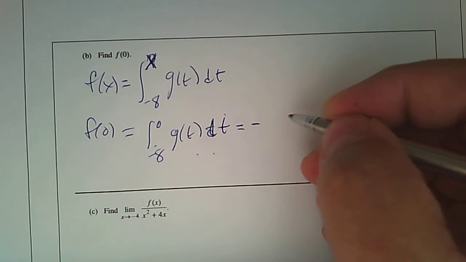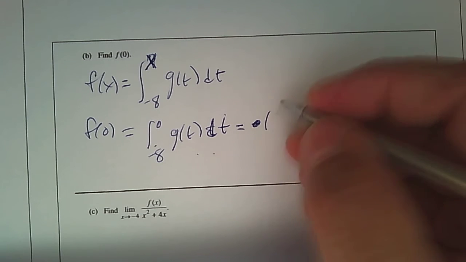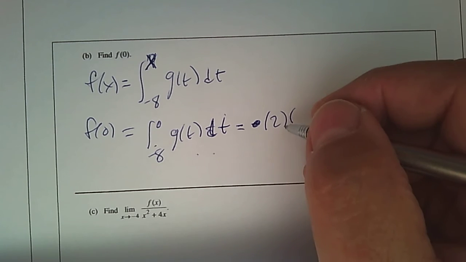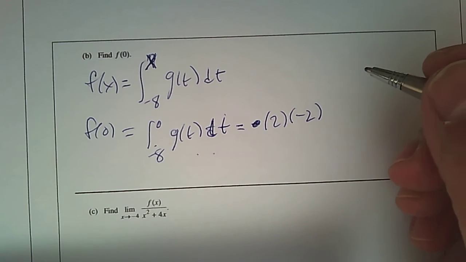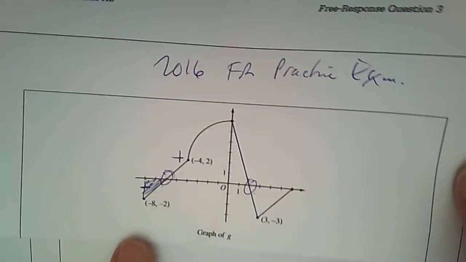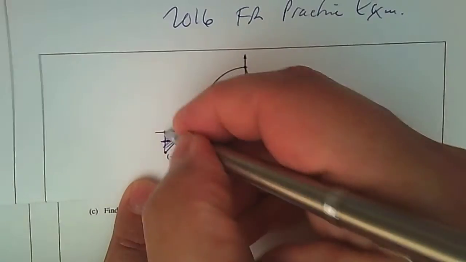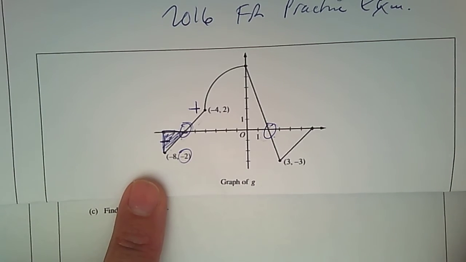So the base is 2, and the height of it is negative 2. So it's really 2 times negative 2. If you just use the y value, it'll automatically make that a negative area anyways. So the base is 2 and the height is negative 2, which gives us a negative answer for that.